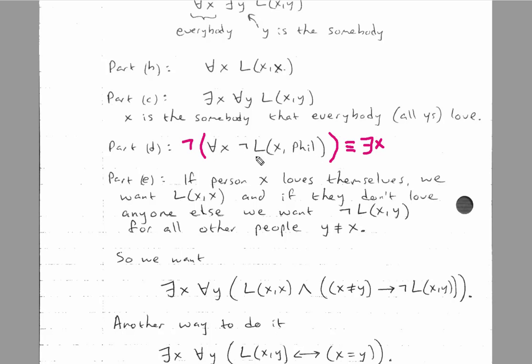So these two negations cancel out. Alright, so the negation of nobody loves Phil is someone does love Phil. There is some x, so that x loves Phil.